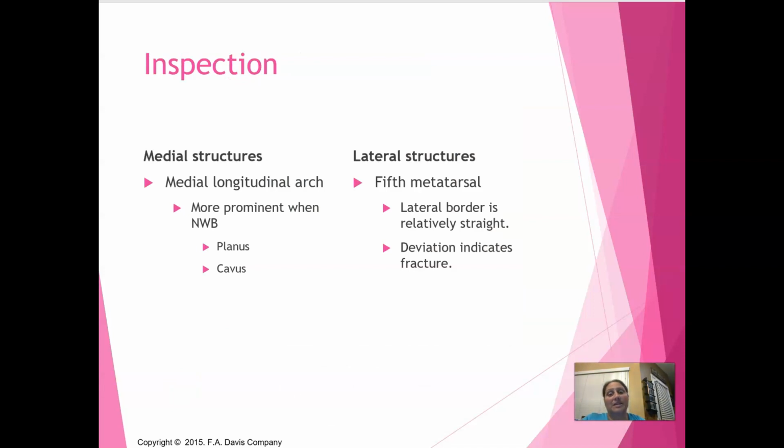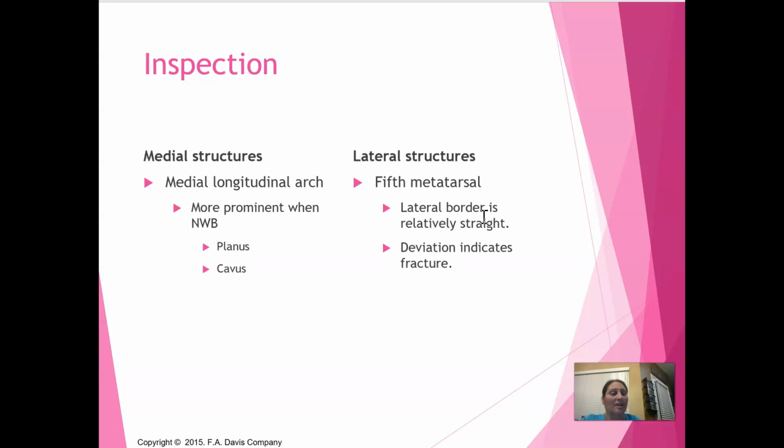Okay, when we're inspecting the foot and toes, we want to make sure we're inspecting the medial and lateral aspect. One of the things on the lateral aspect we're worried about, specifically with the fifth metatarsal, is at the base of the fifth, we're worried about an avulsion fracture, because that's where the peroneus brevis attaches.